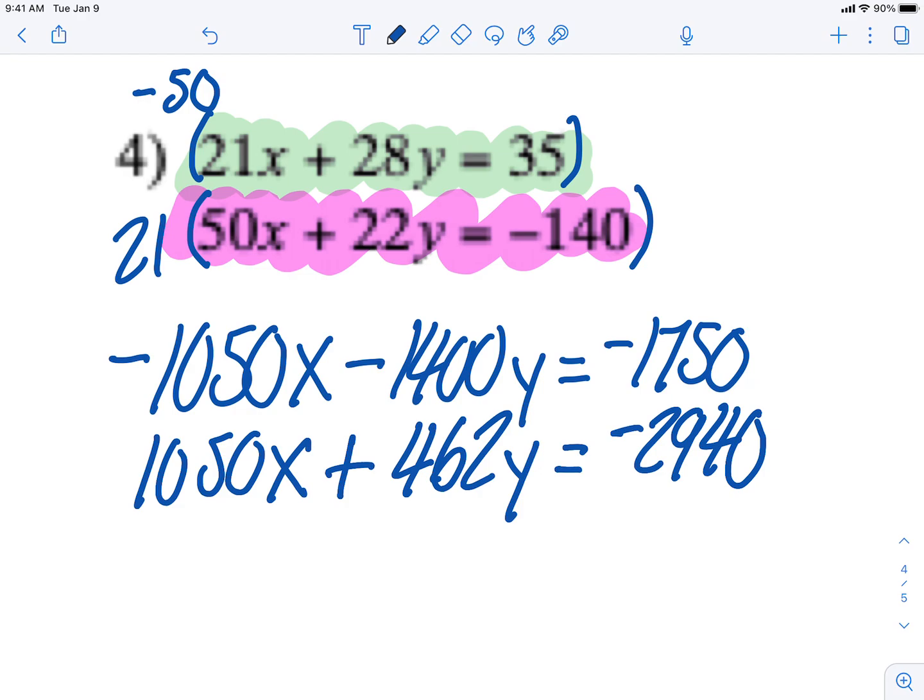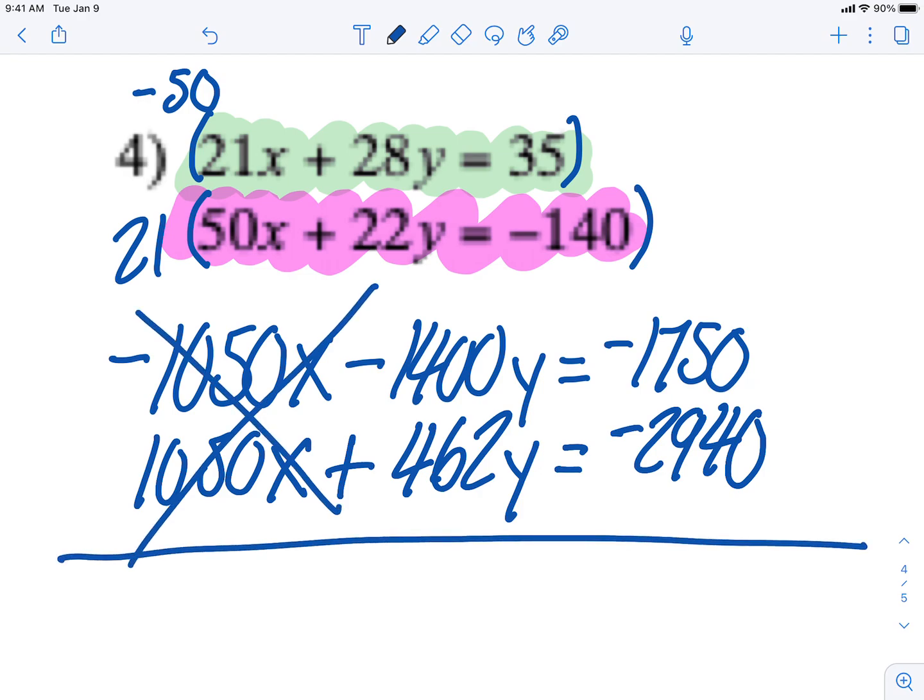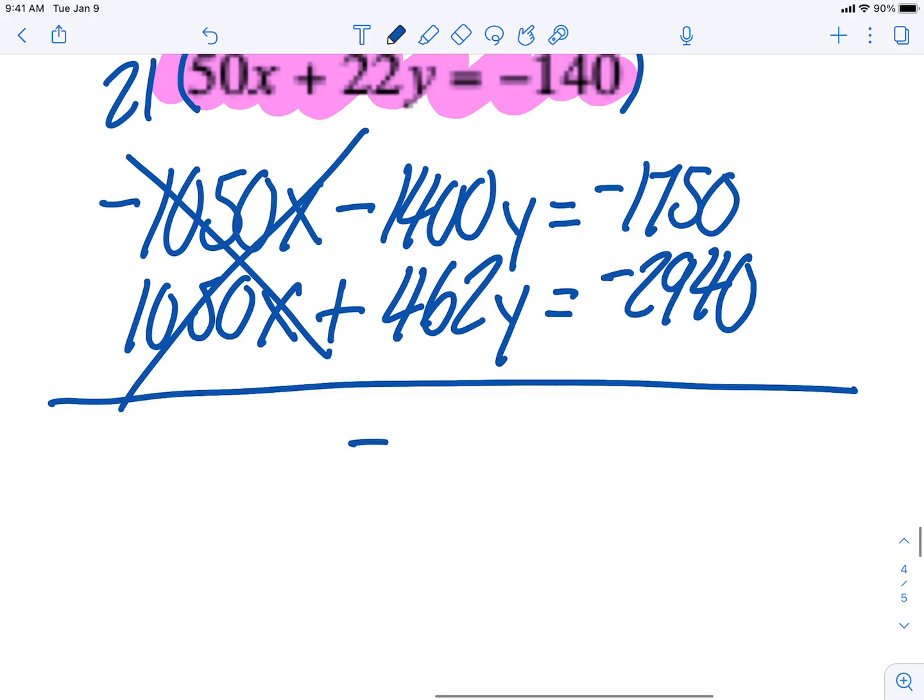All right. So what happens here, look at this. Boom. That happens. Right? So next is the y: negative 1400 plus 462 gives me negative 938 is equal to negative 1750 and negative 2940. 1750 plus 2940 gives me 4690.